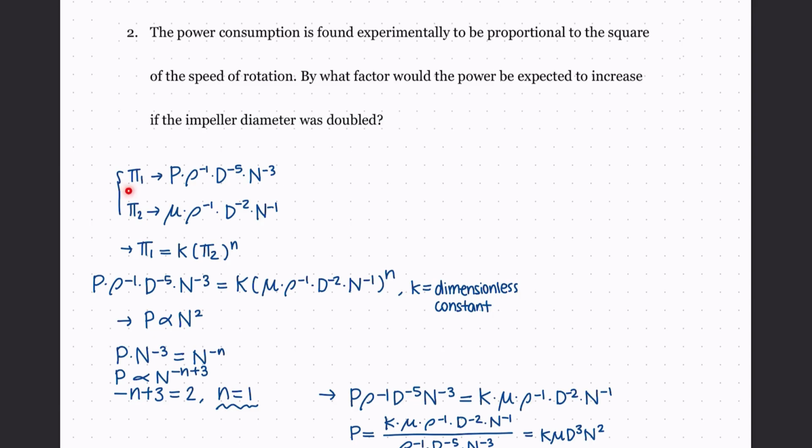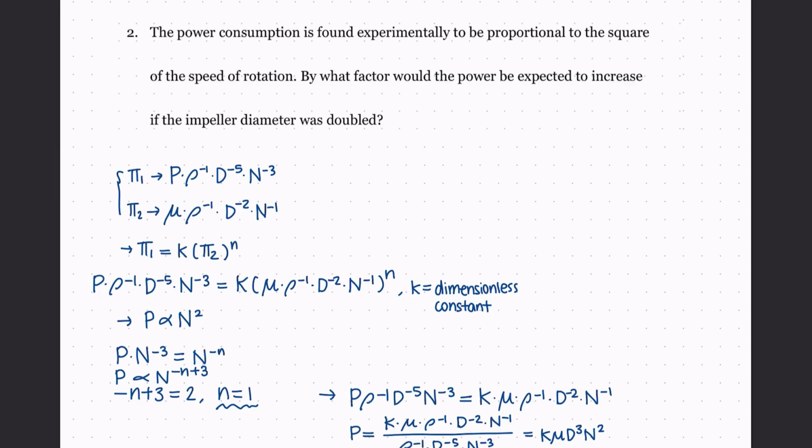From what we found for each pi group, we can write the equation as pi 1 equals k times pi 2 to the n, where k is a dimensionless constant.